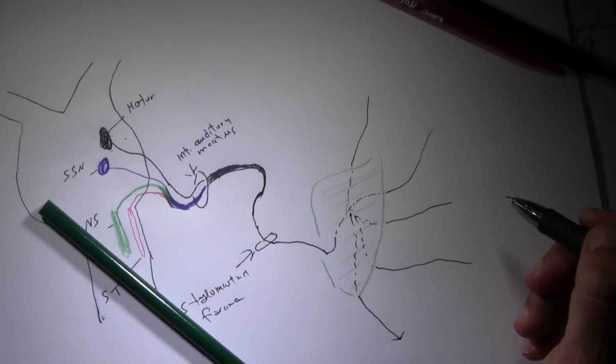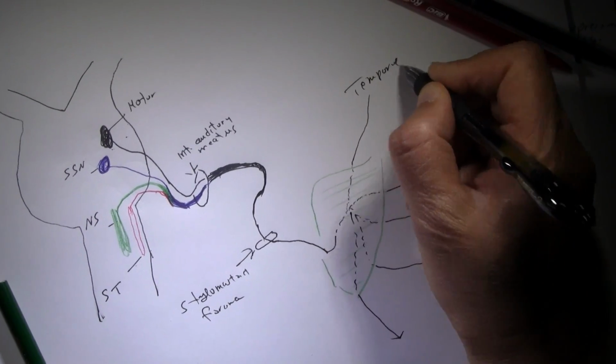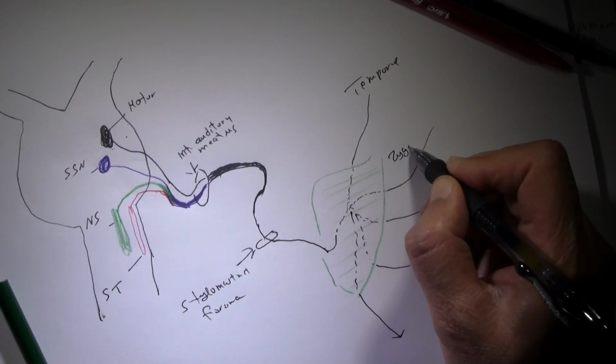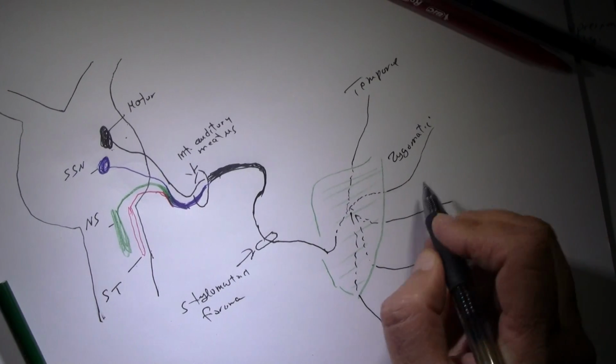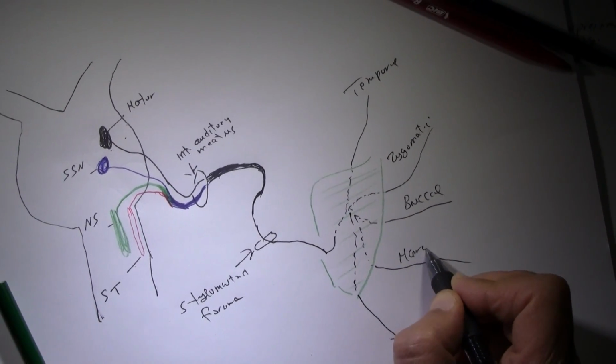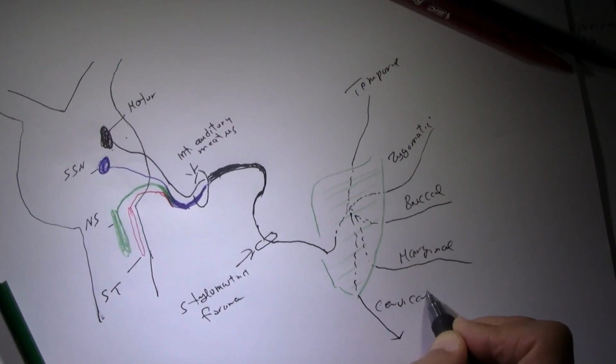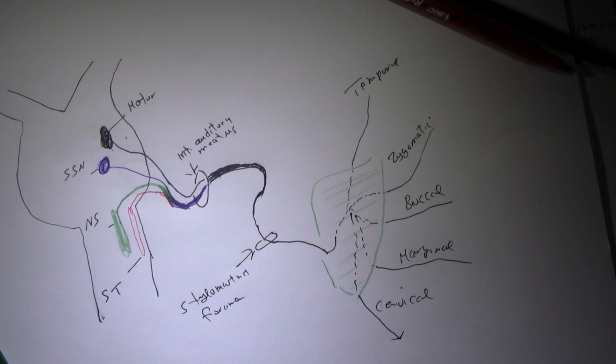Those are the 5 terminal branches. Temporal, then zygomatic, then buccal, marginal mandibular, and cervical. Those are the 5 terminal branches.